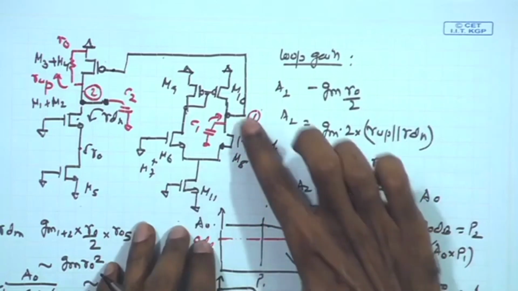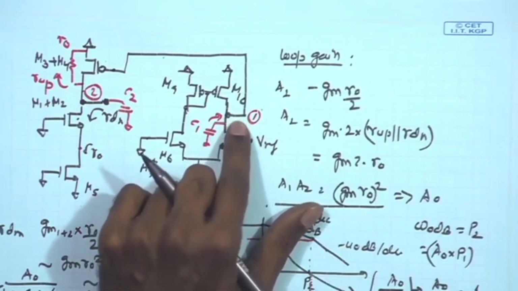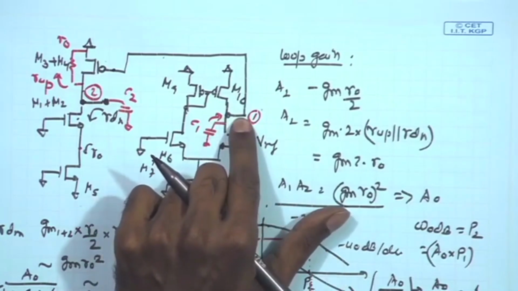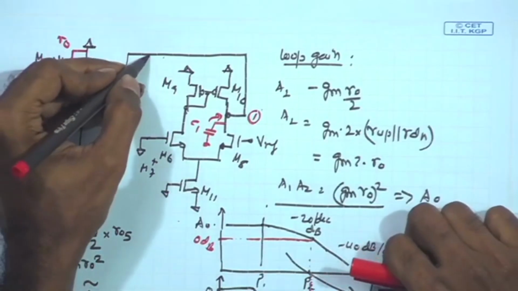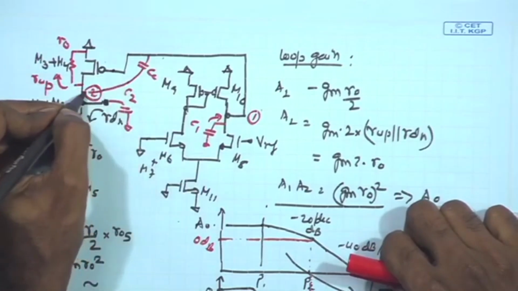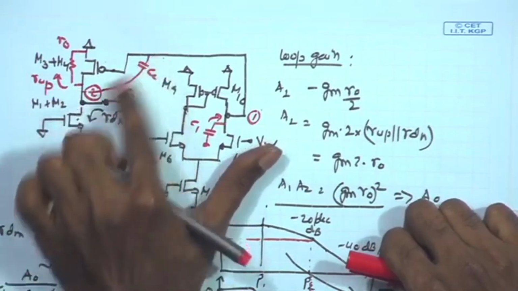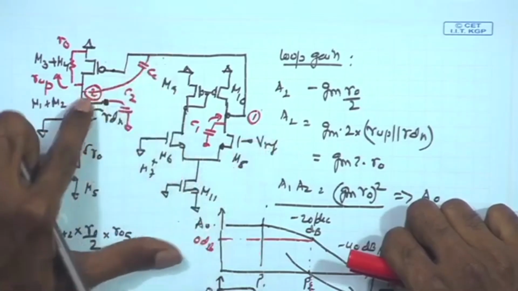So, in this particular open loop case, for example, if I want to push the node at 1 to low frequency, I can imagine putting a compensation cap CC between node 1 and node 2, as a result of which we have an overall gain between this point and the output given by A2 that we have just written over here.